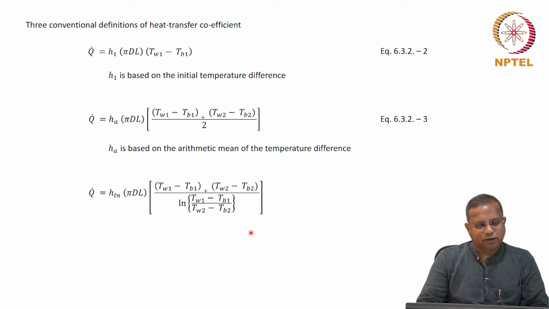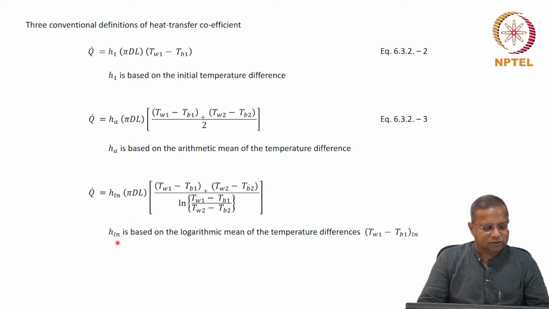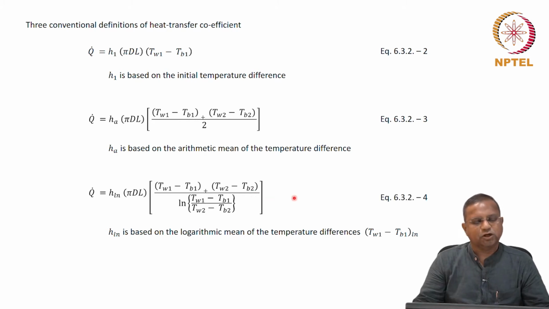So, that is the log mean temperature difference, and the heat transfer coefficient becomes H ln. The H ln is based on the logarithmic mean of the temperature differences, which is represented as the logarithmic average as written here. So, these are the three conventional definitions of the heat transfer coefficient.